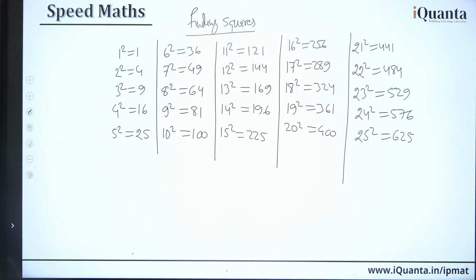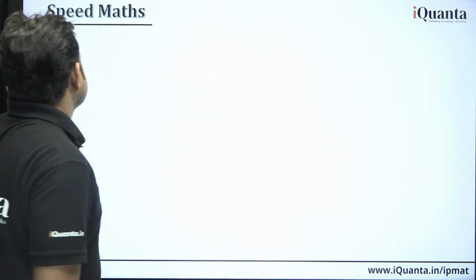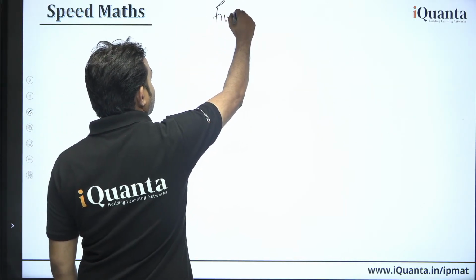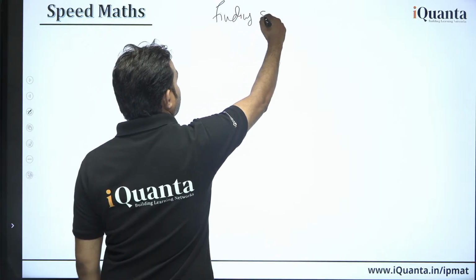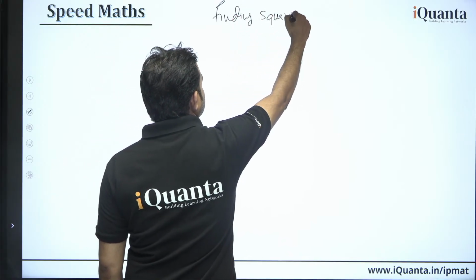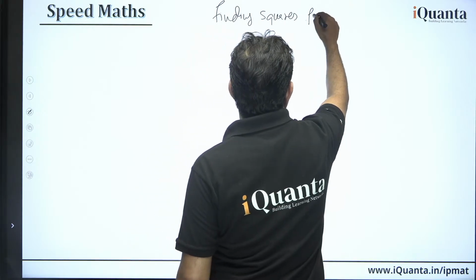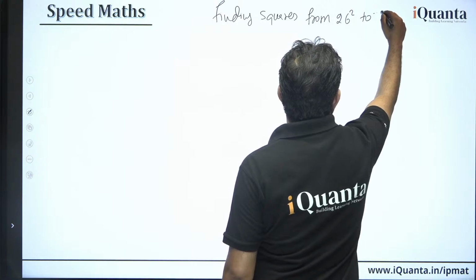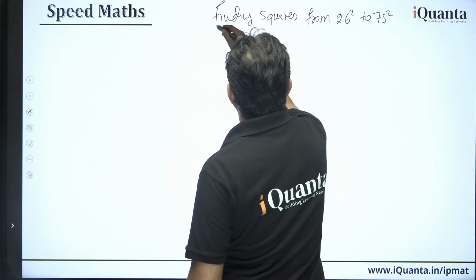Done? All right. So, here is how we are going to find squares from 26 square to 75 square.